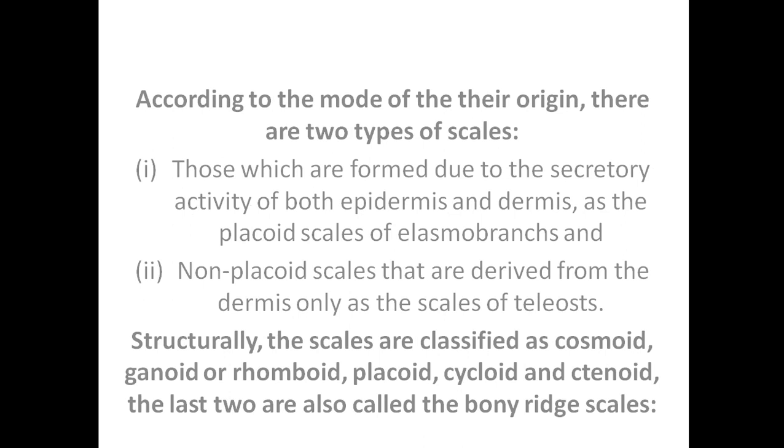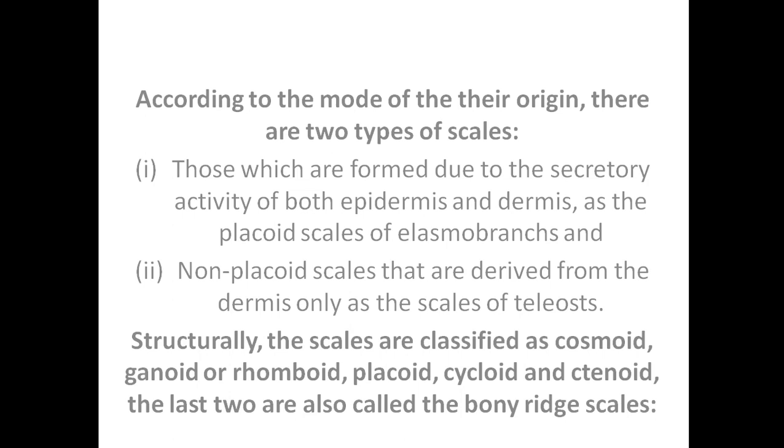One is those which are formed due to the secretion of both epidermis and dermis. A good example for them is the placoid scales, which cover the elasmobranchs like sharks, skates and rays. Placoid scales are formed by the secretory activity of both epidermis as well as dermis.